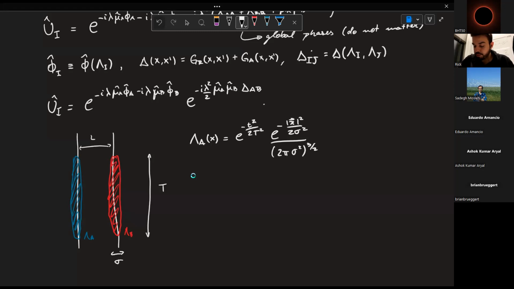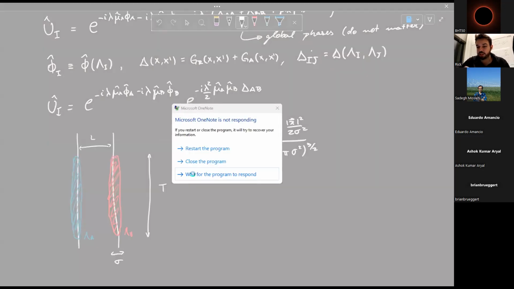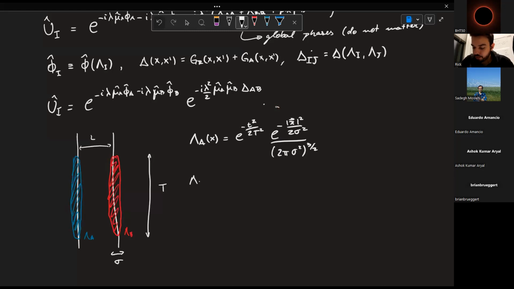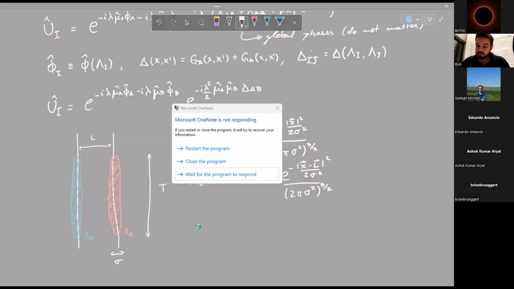And lambda B is exactly the same thing but shifted by this distance L. So lambda B of x is e to the minus t squared divided by 2T squared, times e to the minus the quantity x minus L, where L is a vector whose direction is completely irrelevant. It doesn't affect any of the results because of symmetries. But basically, these are the two spacetime smearing functions. Also, I'm going to consider that their energy gap is exactly the same.